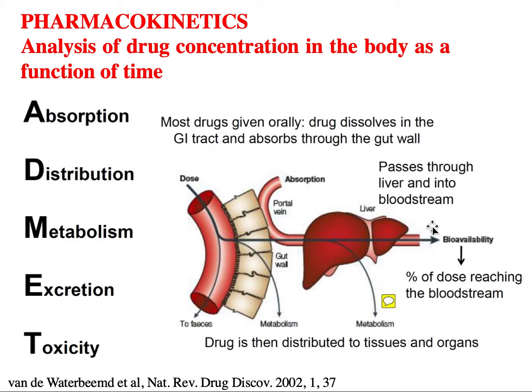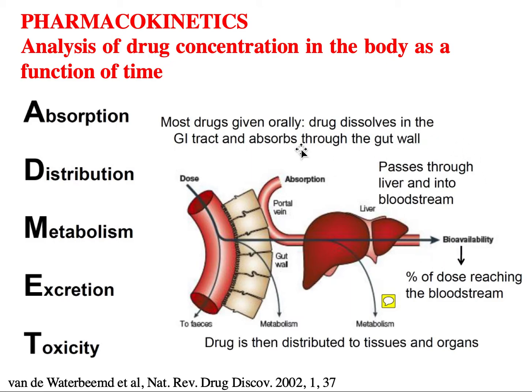And so this percentage of drugs that makes it through that first pass of the liver are going to see the liver again. So after being absorbed from the stomach, you go through the liver, out into the bloodstream, and then they're going to hit their target receptor and circulate for a while.